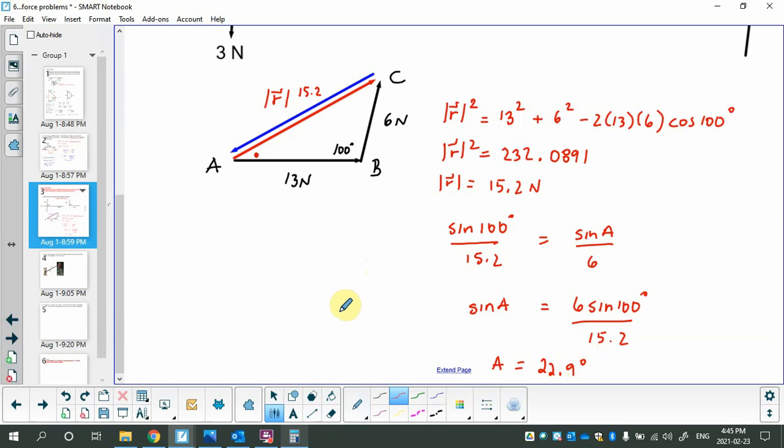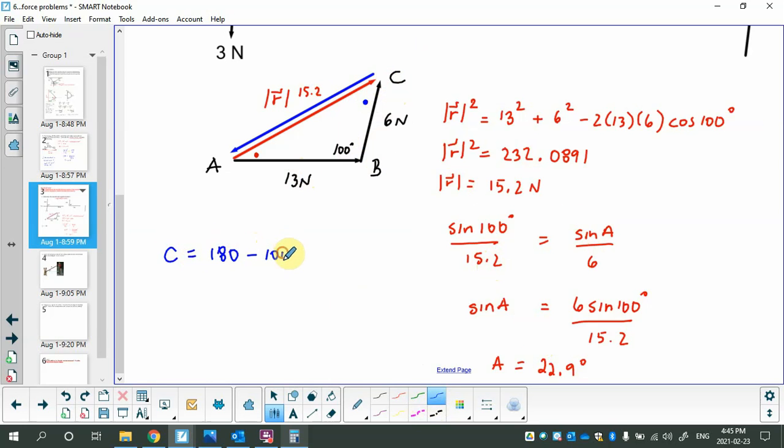So you can do exactly the same thing to figure out this corner. You can do sine of 100 degrees over 15.2 equals sine of big C over 13 and do all the work. But to be perfectly honest, I have less energy for that because I have a quick way of doing it.